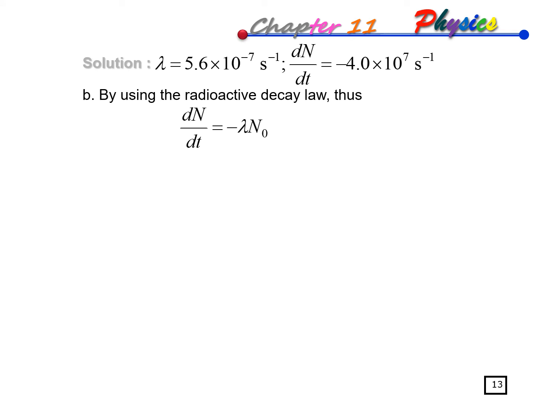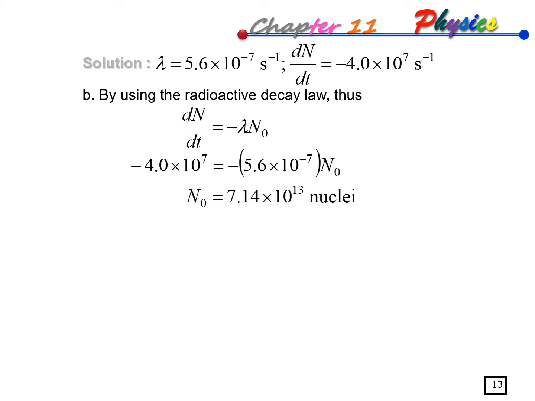by using the radioactive decay law, this is the decay rate, dN over dt. The value of the decay constant we already determined, so we can determine the number of atoms, which ends up as 7.14 times 10 to the power of 30 nuclei.